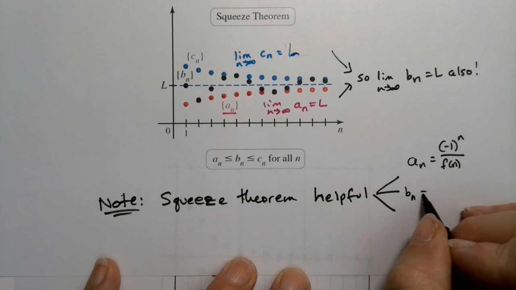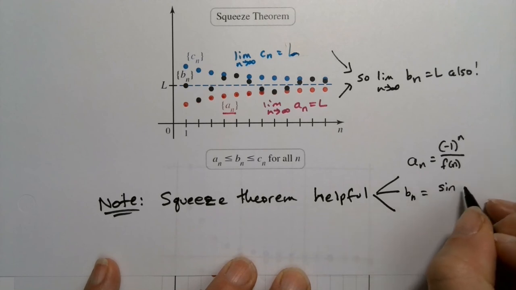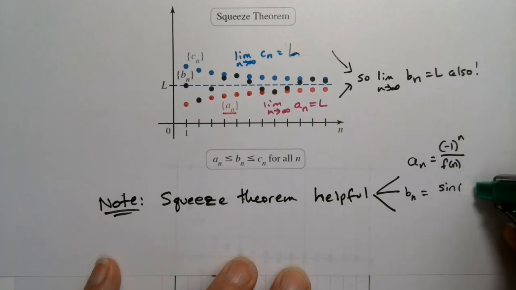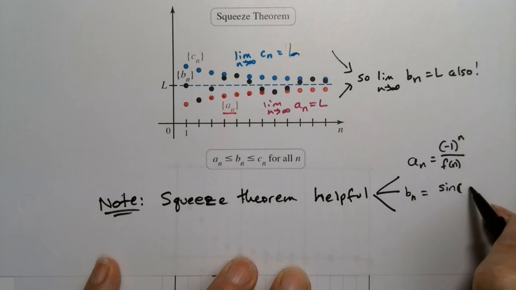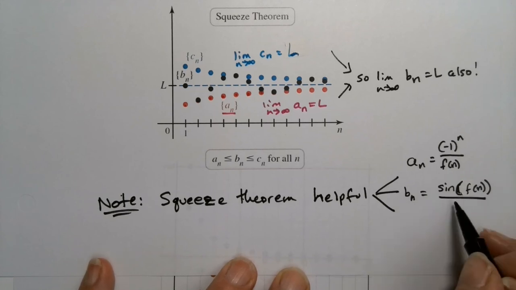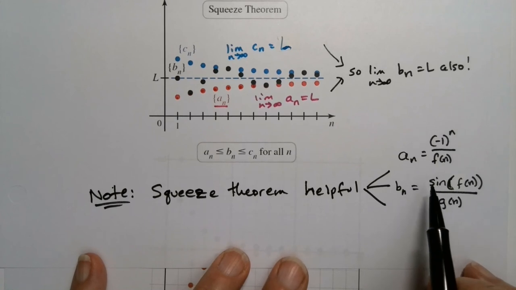Then another one that's common is when it's sine of n or something like that, or sine of some combination of n. It doesn't have to just be n. There could be sine of some function of n inside, right? That's not really relevant, but it'll be sine. And that's because sine has to be limited between -1 and 1.